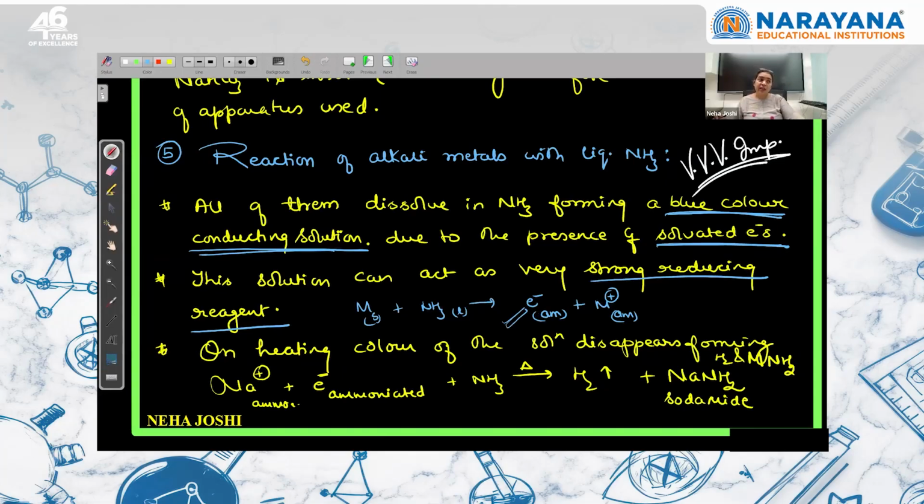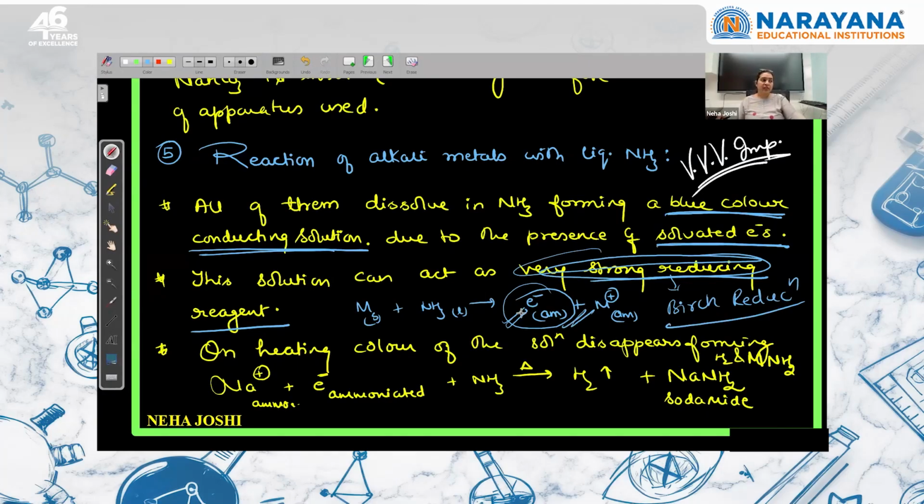As there are free electrons, this solution will act as a very strong reducing reagent. All of you remember Birch reduction. This is what we use there, na? Ammoniated electrons. Okay?